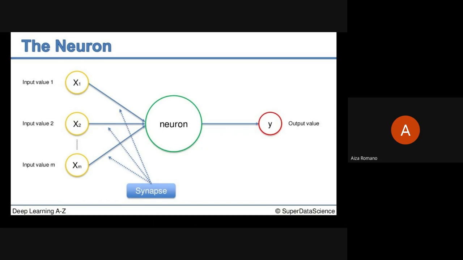So our brain can see, can hear, can feel, and so on. These are coming in from the organs, which are called our ears, nose, eyes, our sense of touch, and our taste.